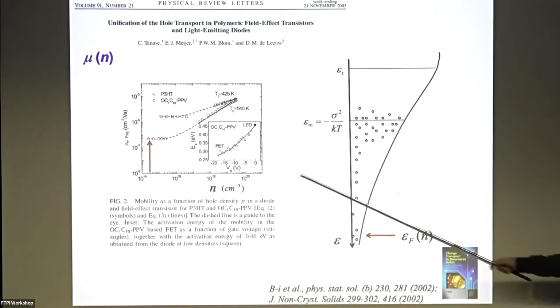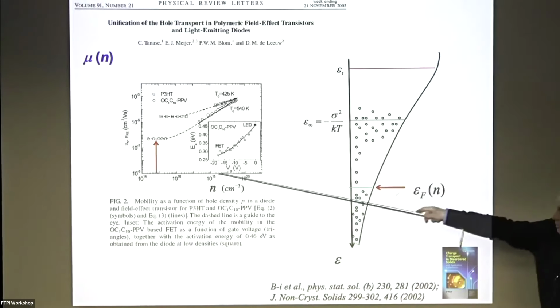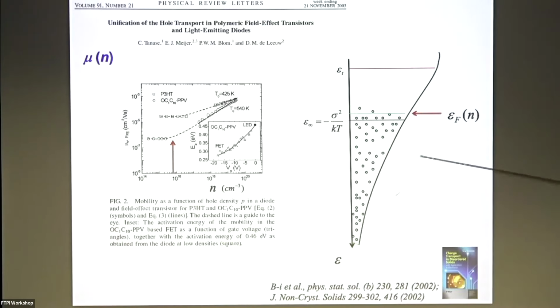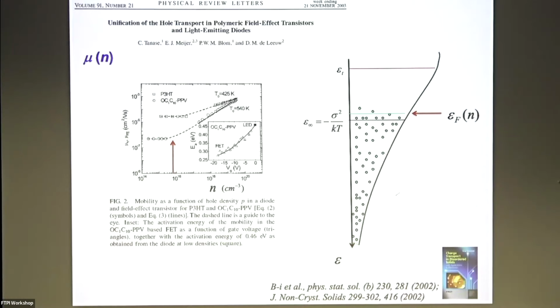At low concentrations, the Fermi level is far below this thermalization energy, and everything happens here. But you fill the system, you increase the concentration of electrons, and at some particular concentration the Fermi level crosses the thermal equilibrium energy, and from this point mobility starts to depend on the concentration of electrons.